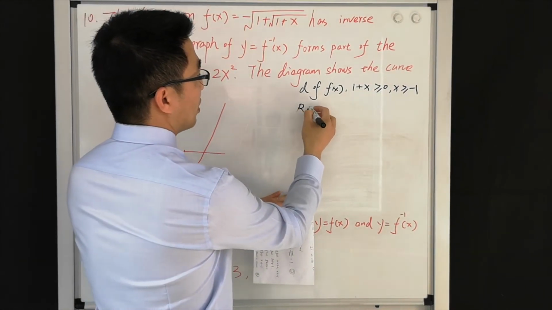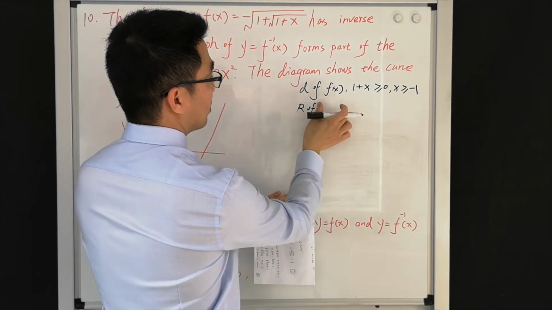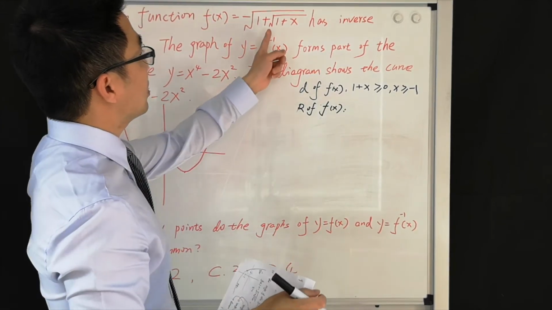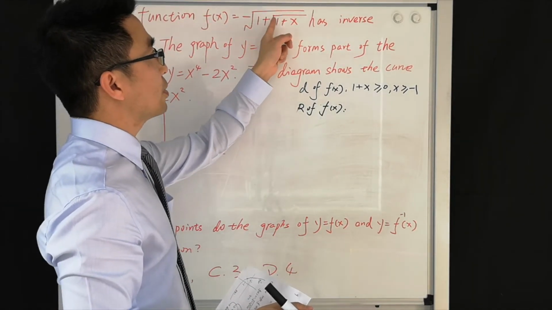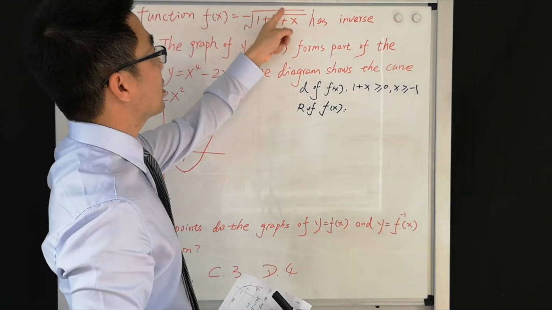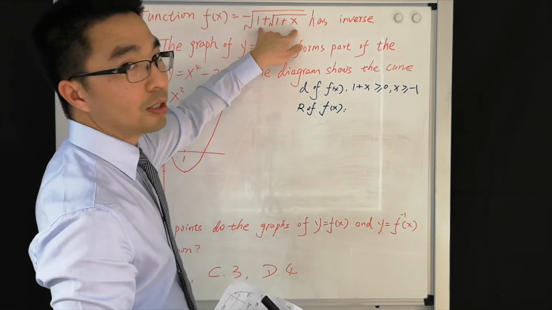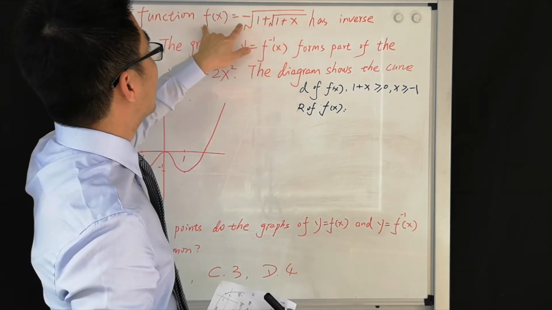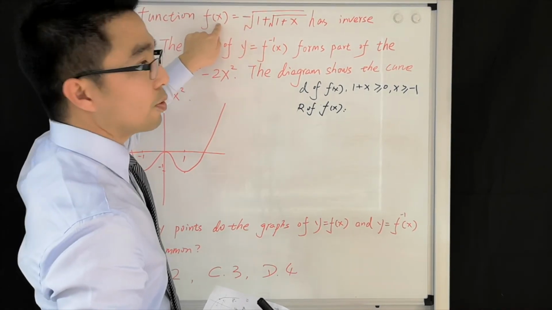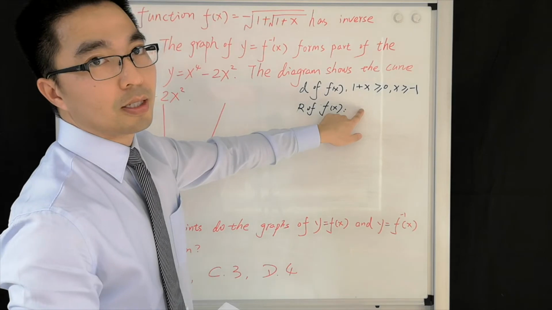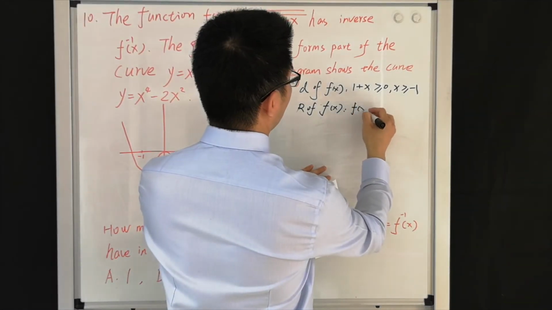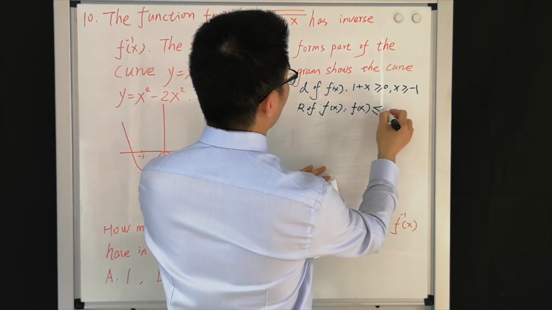And the range of the original function: since this part has to be greater than or equal to 0, this square root has to be greater than or equal to 1. And for the original function, we then have a negative sign, which means that the original function has to be less than or equal to negative 1. So f of x has to be less than or equal to -1.